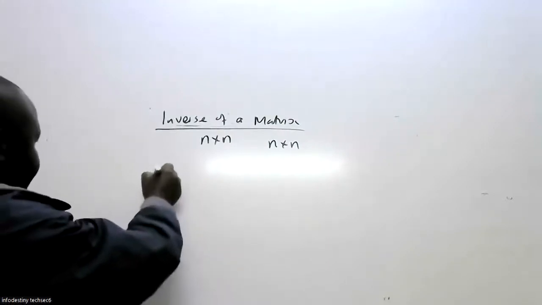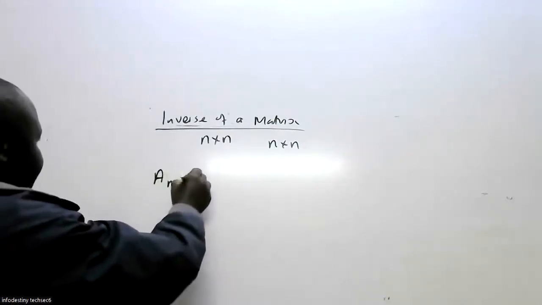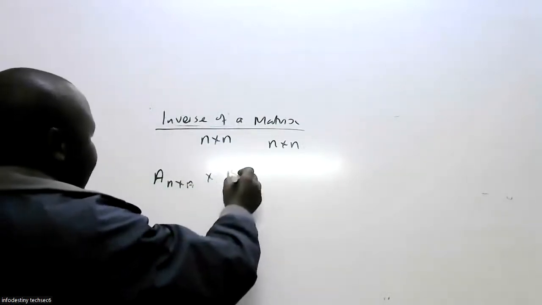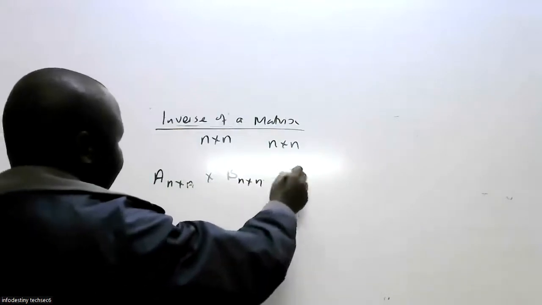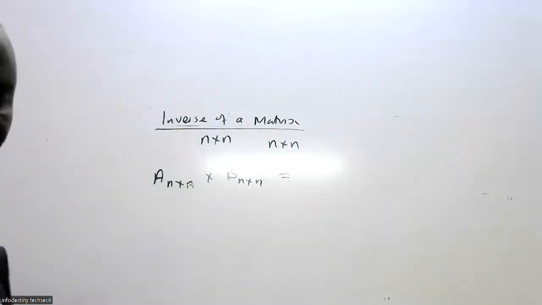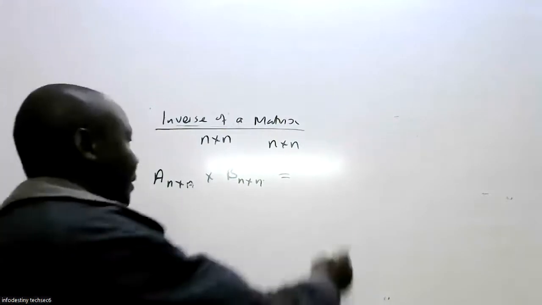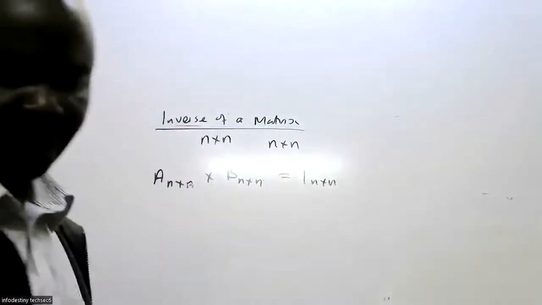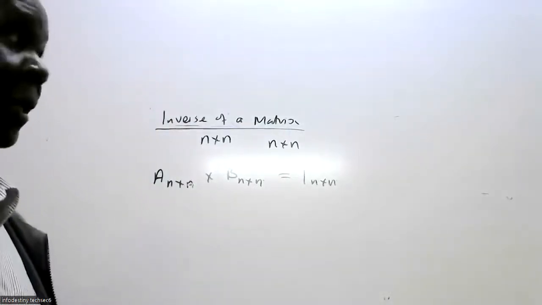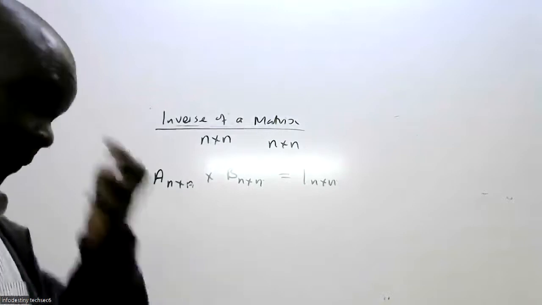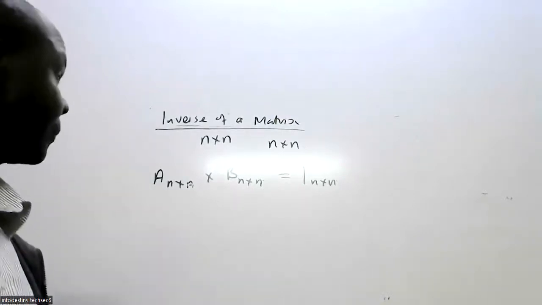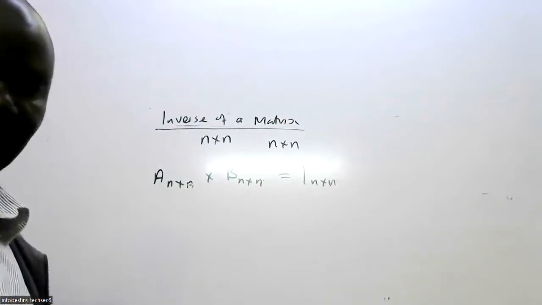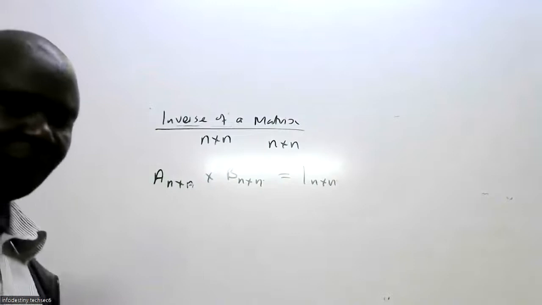That is, A (n times n) times B (n times n) is going to give us the identity matrix of n times n. So you write: inverse of a 2 by 2 matrix.